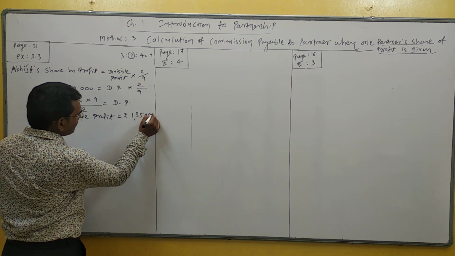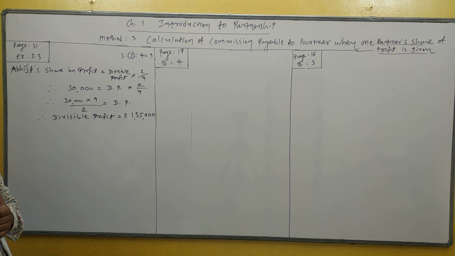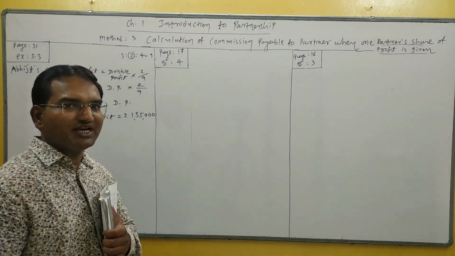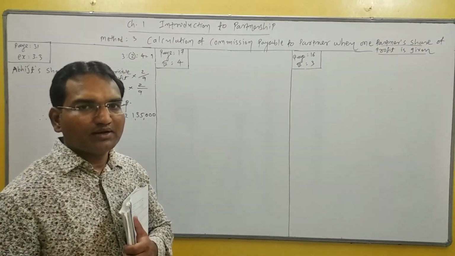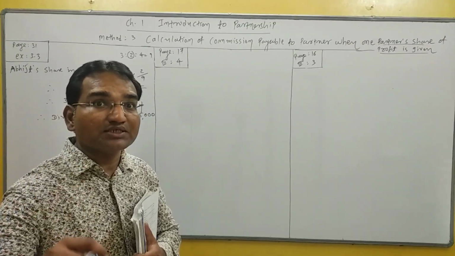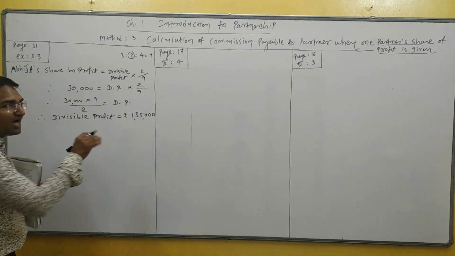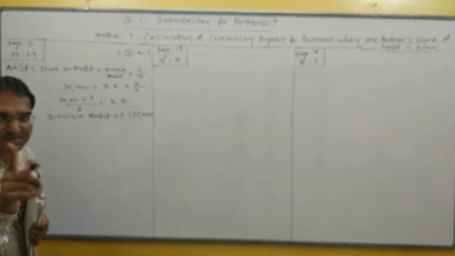Understand? Be careful students. This is divisible profit, and commission is to be calculated on the net profit after deduction of such commission, and this is the profit after deduction of such commission. Now you understand?